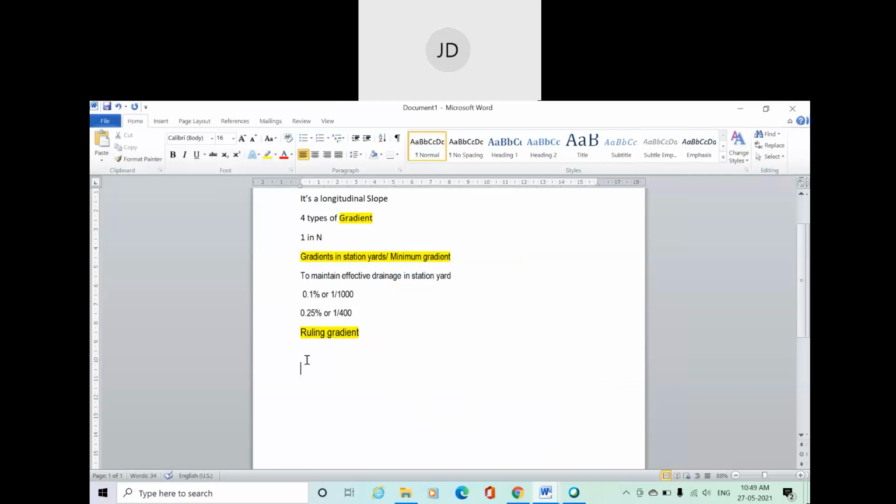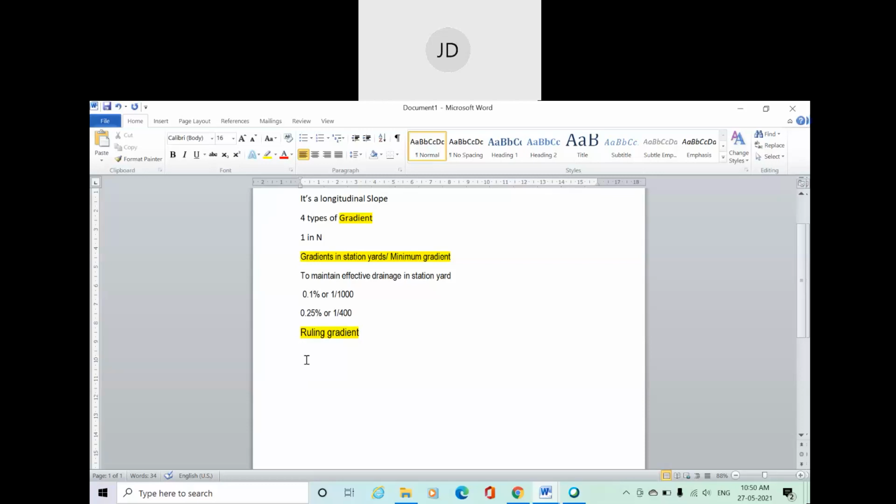Basically, while operating on this ruling gradient, we don't need to provide any additional engine power.